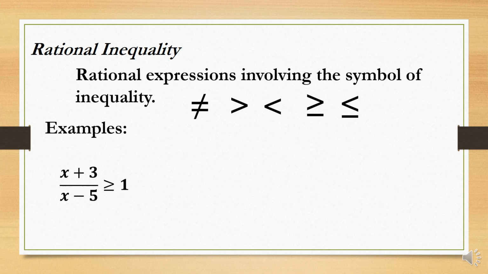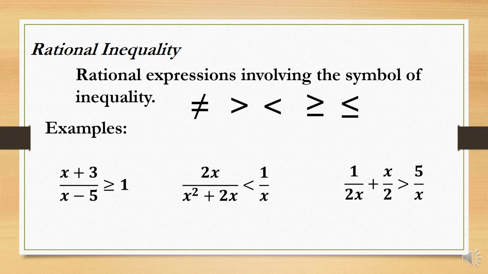Therefore, this is an example of rational inequality. Second example, you have observed we use less than. Therefore, this is another example of rational inequality. In the last example, we use the symbol of greater than. Therefore, this is an example of rational inequality.